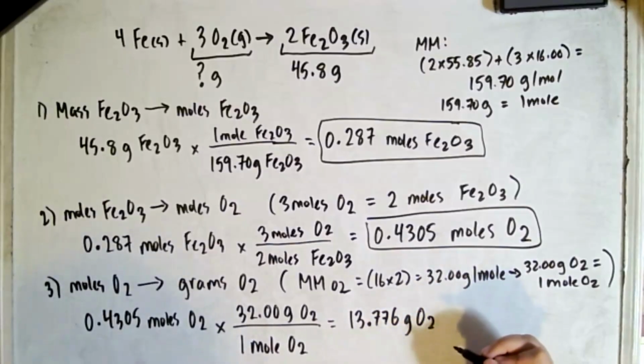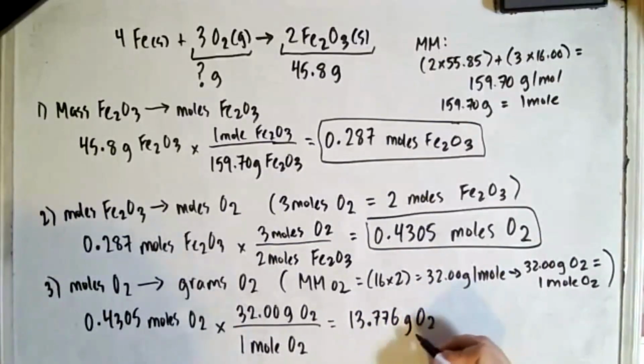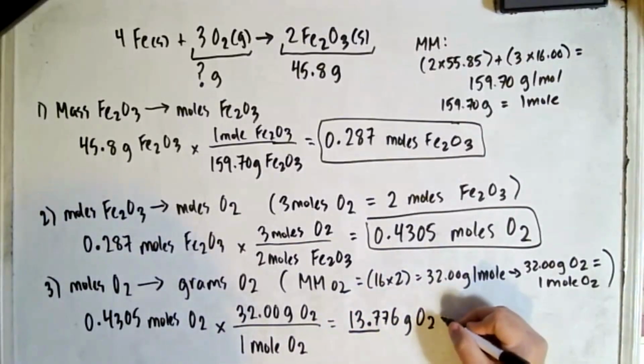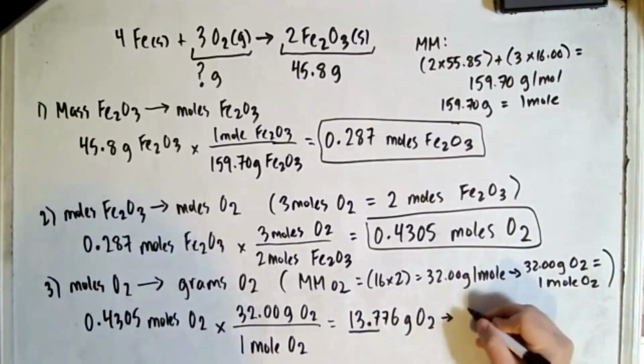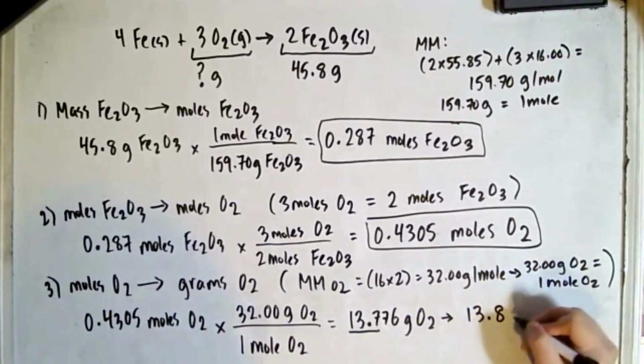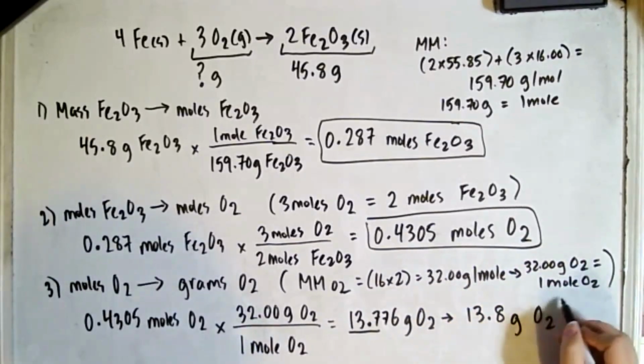And we're going to get 13.776 grams, which we're going to limit to 3 significant figures because that's how many significant figures were in our original question. So we'll round this up to 13.8 grams of O2.